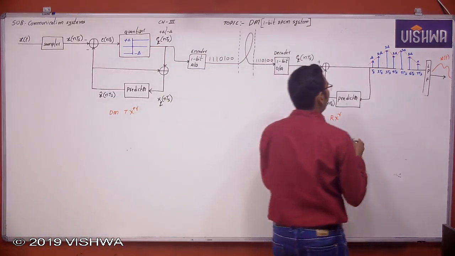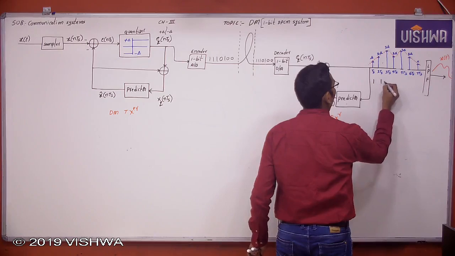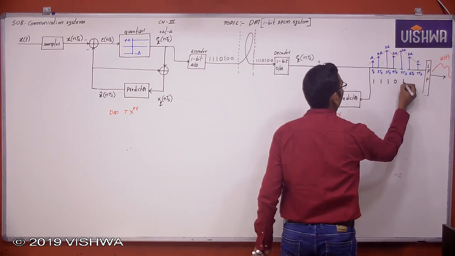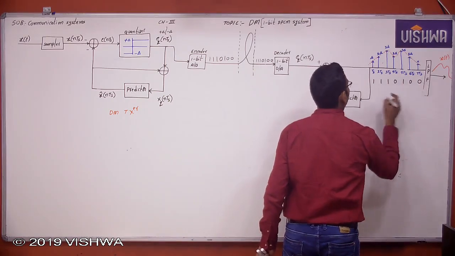For better understanding, you write here also 1, 1, 1, decrementing, 0, incrementing, 1, decrementing, decrementing.